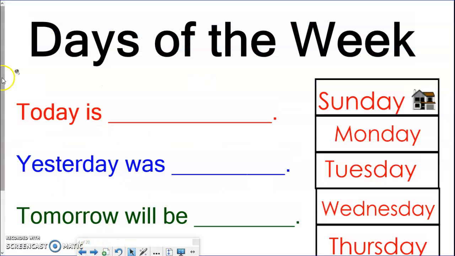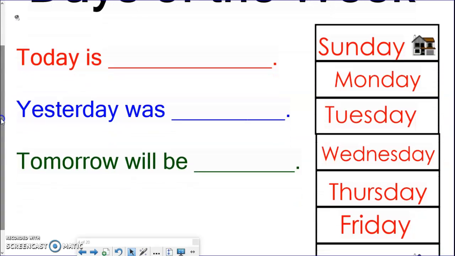All right, so we said days of the week. Today is Monday. Yesterday was, well, remember, if today is Monday, yesterday means the day before. The day before was Sunday. Tomorrow will be, today is Monday, tomorrow is the day after.